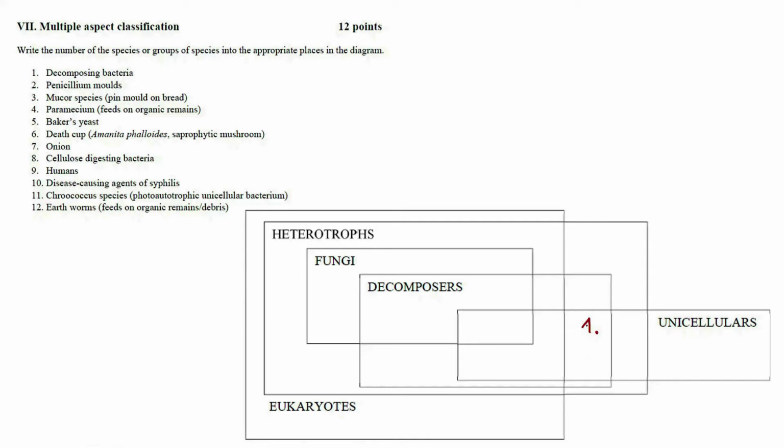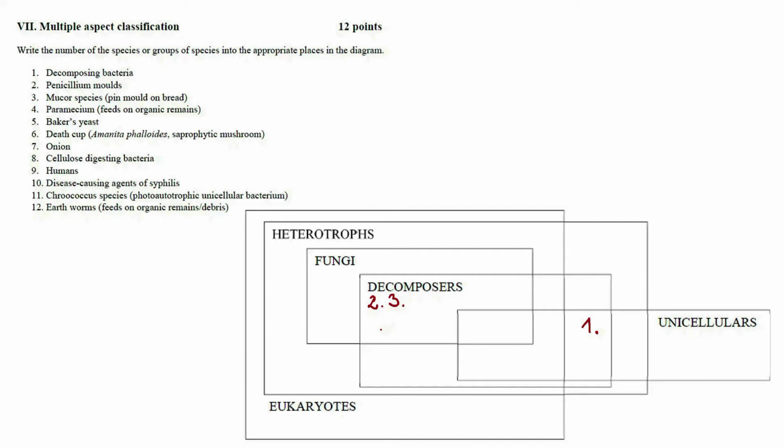Penicillium molds, fungal species, and they are decomposers, heterotrophs, and eukaryotes. So number 2 will belong to this box. Mucor species, pin mold on bread, exactly the same characteristic features can be said about them as about Penicillium molds, so number 3 comes here.